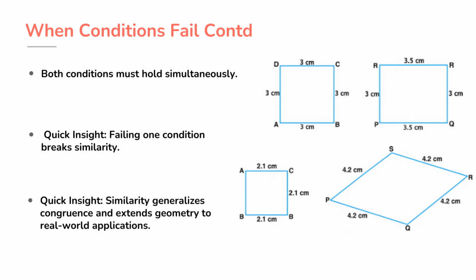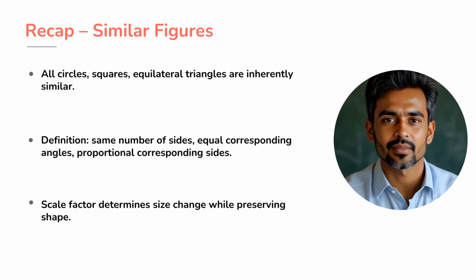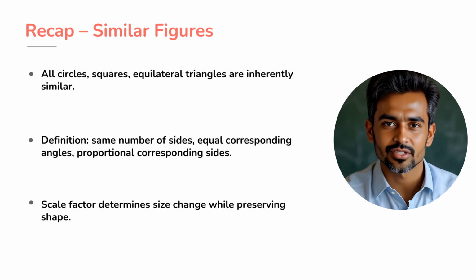So remember, true similarity requires both equal angles and proportional sides. If either one fails, the similarity collapses. In our next lesson, we'll see how triangles, the simplest polygons, give us very clean criteria for checking similarity. Stay tuned.